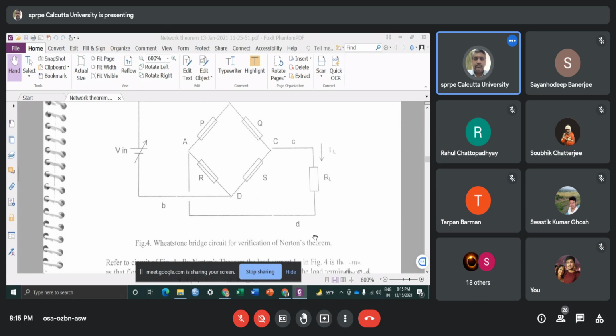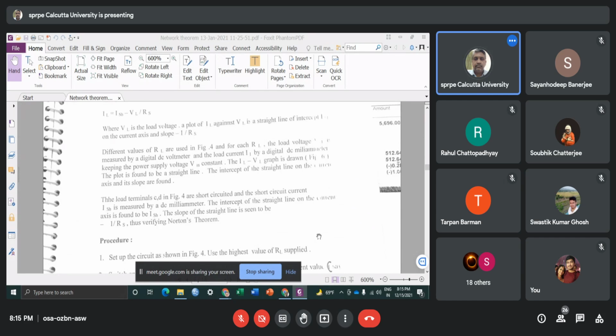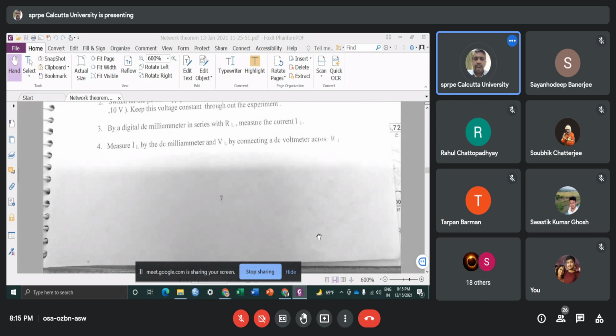So here also you find out the value of ISH from the graph as well as from your direct short circuit result, and you compare, and you also compare the value of the Norton resistance. So that verifies Thevenin's and Norton's theorem.